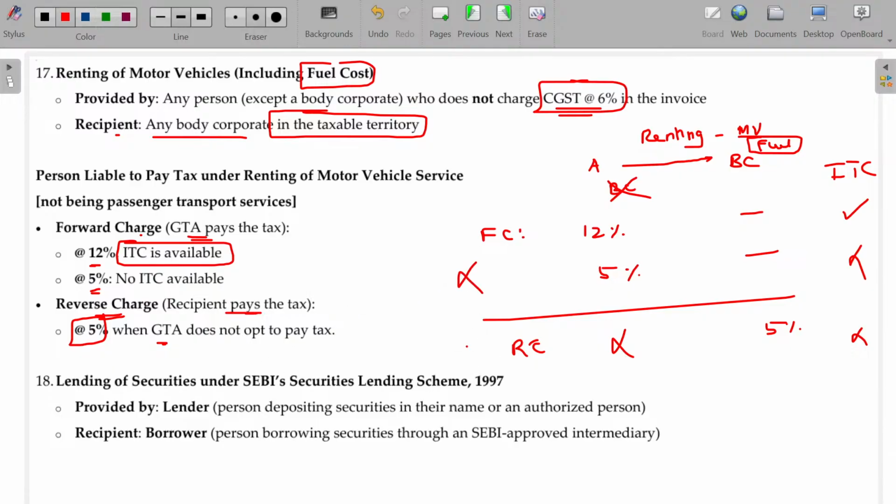He has not paid the tax, so he can pay the tax. If the GTA opts to pay the tax, no problem. But he has two options: either 12% or 5%. If he goes for the 12% option, then the recipient can enjoy the benefit of ITC, else we cannot enjoy the benefit. If he doesn't opt for paying the tax under forward charge, we have to pay the tax under RCM basis. Is that okay?